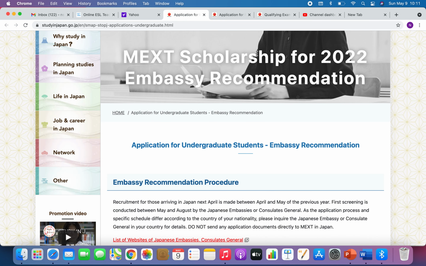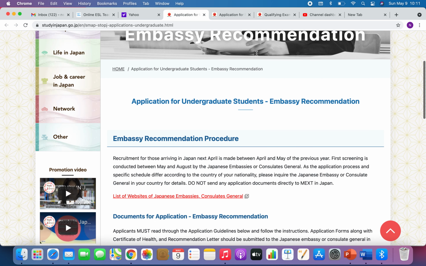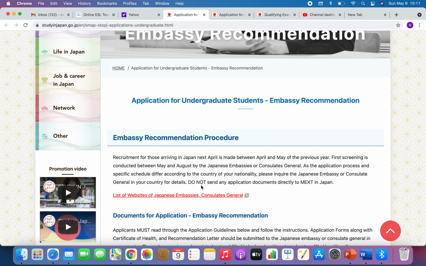I would like to note a few points before I start showing you the forms. The very first thing is that you should not send any documents directly to MEXT in Japan. Rather, your documents should be sent to, or handed in at, the Japanese embassy in your country.